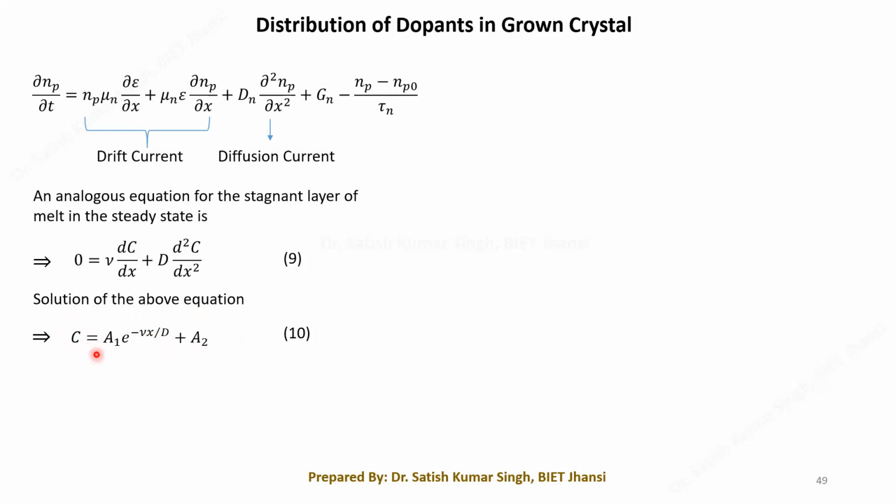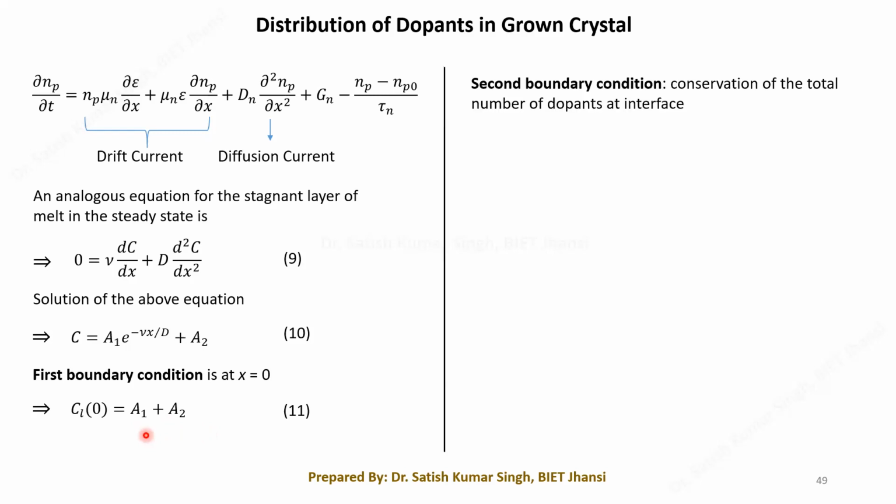So we get cl0 equals, here the exponential becomes unity, a1 plus a2. This way we get the first boundary condition. Now we can apply the second boundary condition. So what is our second boundary condition?